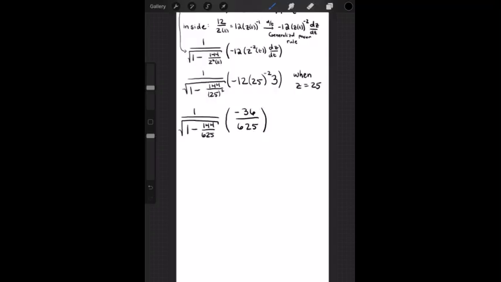If we let that 1 be 625 divided by 625, we get that this is 1 over the square root of 481 divided by 625.